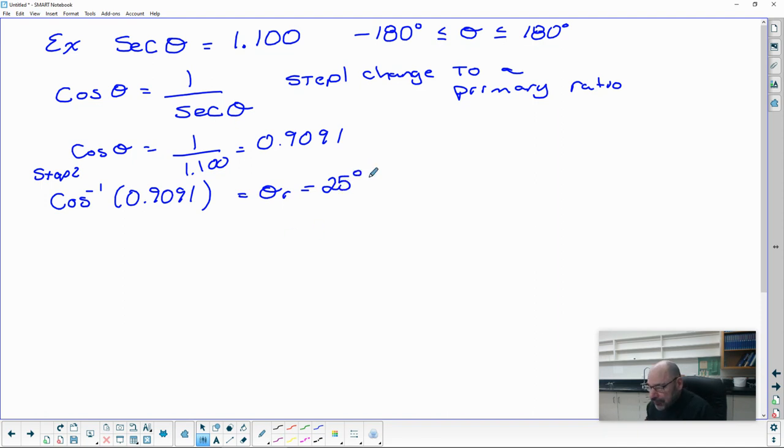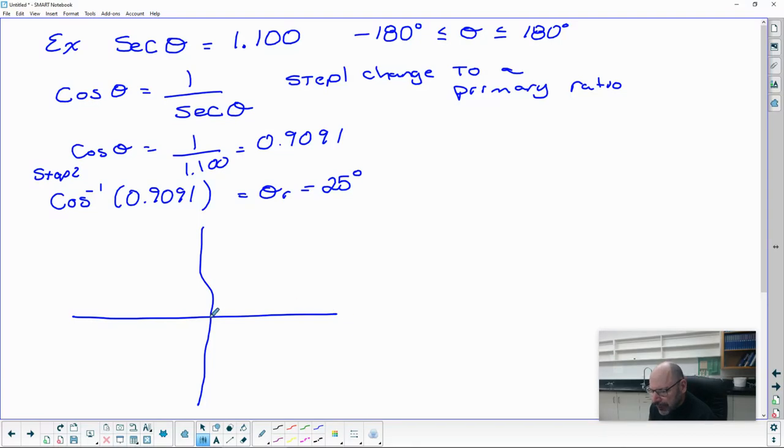Okay, now we have to draw our domain. From 0 to positive 180, that's this way, and 0 to negative 180, that's this way, right? So where is cosine positive?